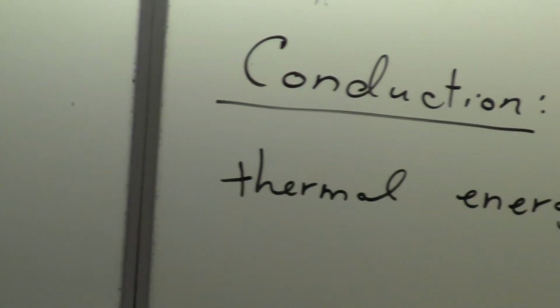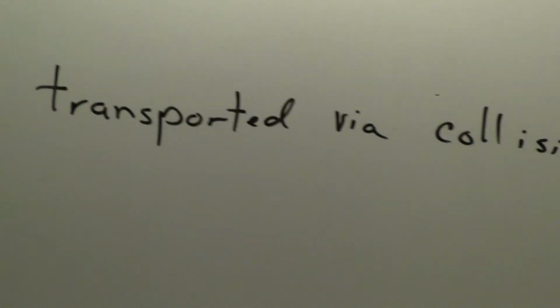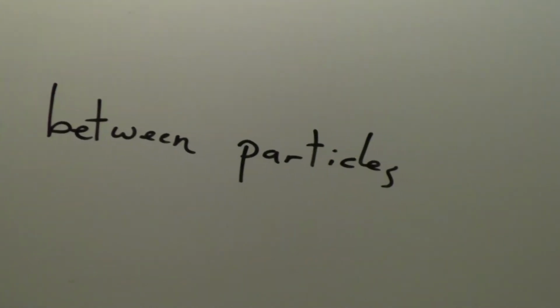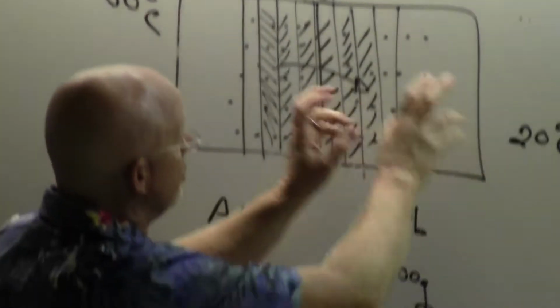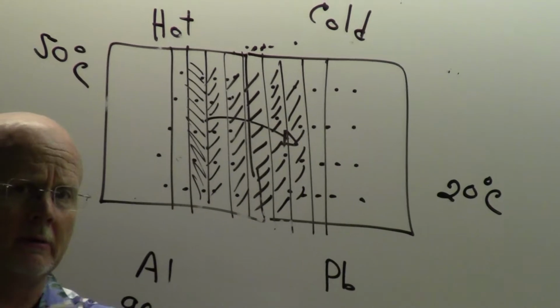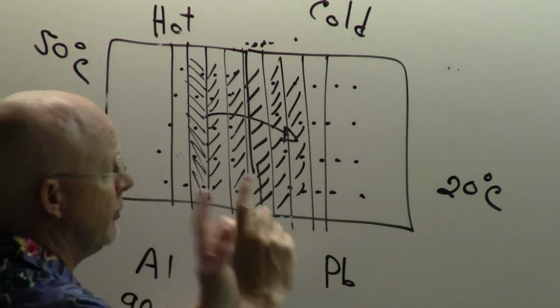It just literally, they bump one into another. And what I want to emphasize, because you'll see me say that this is the important difference between conduction and convection, notice that this cold object, the lead, is gaining energy. But never did any of the aluminum atoms actually go over to the lead.